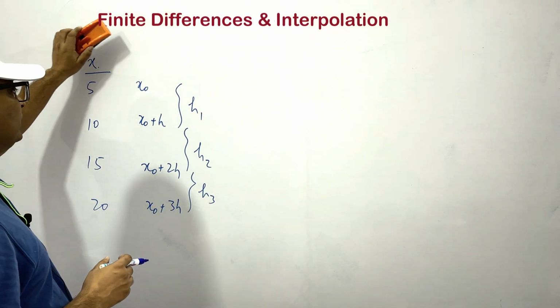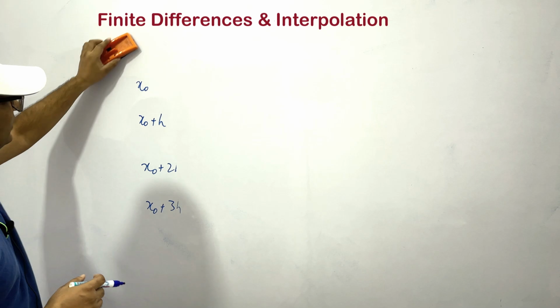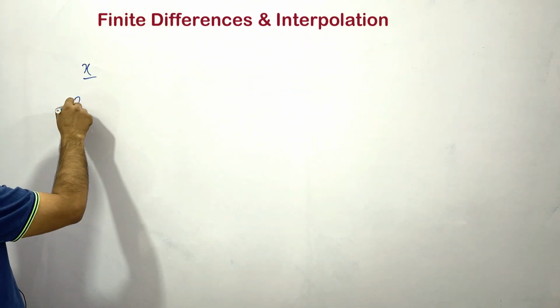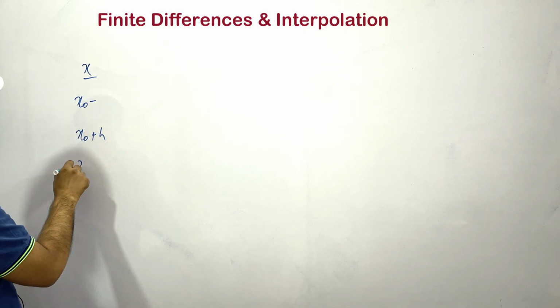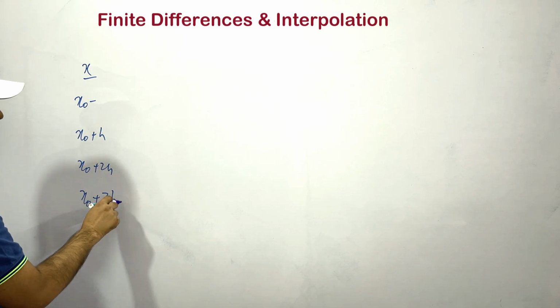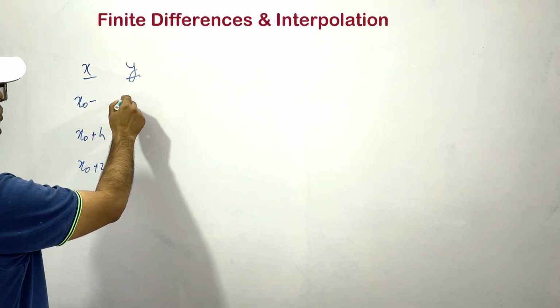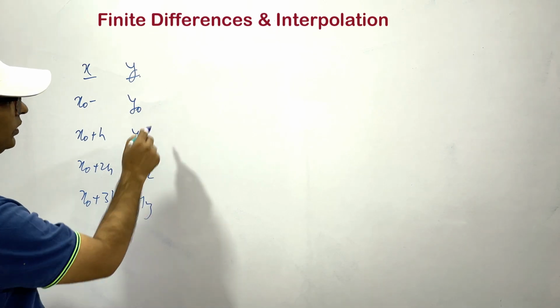So what we essentially do is construct a difference table whereby we have values of x. First is x0, second is x0 plus h, x0 plus 2h, x0 plus 3h, and so on. And we have values of y, let's say y0, y1, y2, y3 and so on.